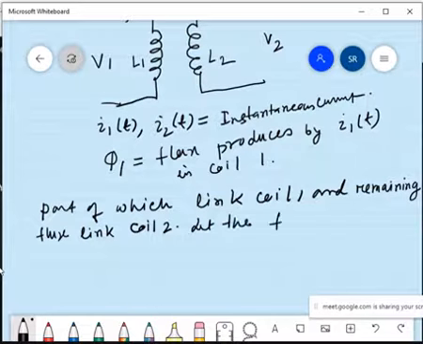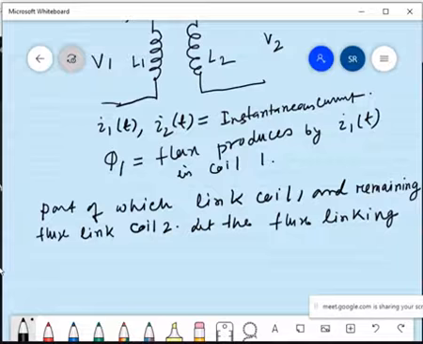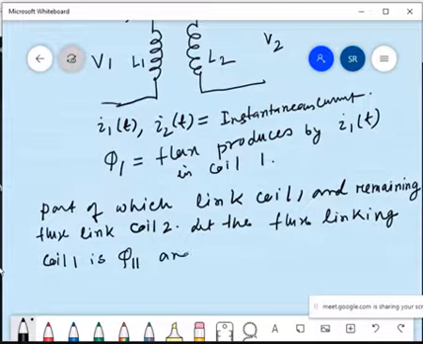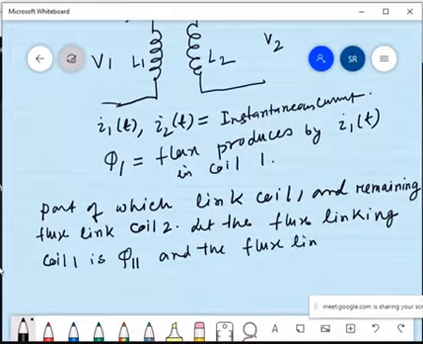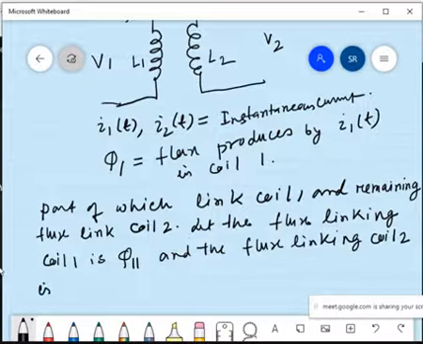Let the flux linking coil 1 be denoted as phi 1 1, and the flux linking coil 2 be phi 2 1.